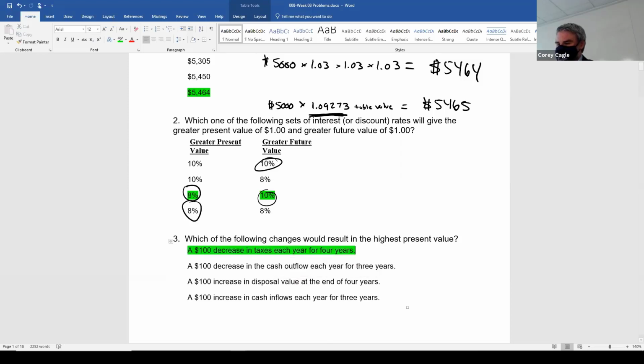Like that $100 savings for 4 years, right? Here's a $100 savings each year for 3 years. Here's a $100 savings at the end of 4 years, only one time. Here's a $100 increase in what you're getting every year for 3 years. So this is super easy.